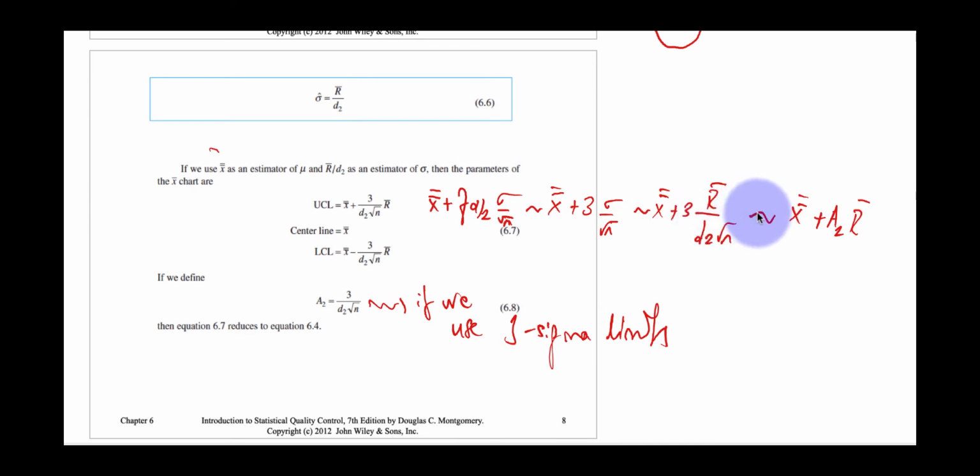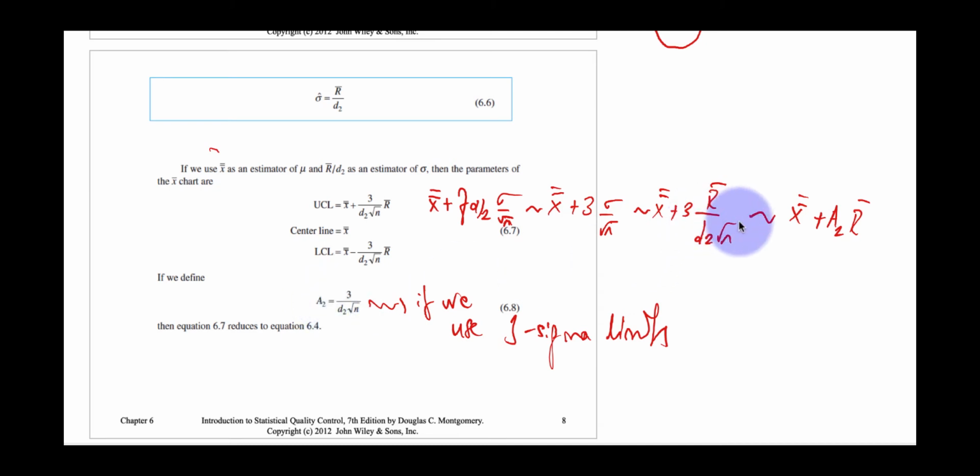And it will become, finally, X double bar, the grand average, plus capital A2 times the average of range, okay? The A2 is here, the 3 over D2 square root of n. That's it. And you can find the A2 values in the appendix in the textbook, okay? They are tabulated.